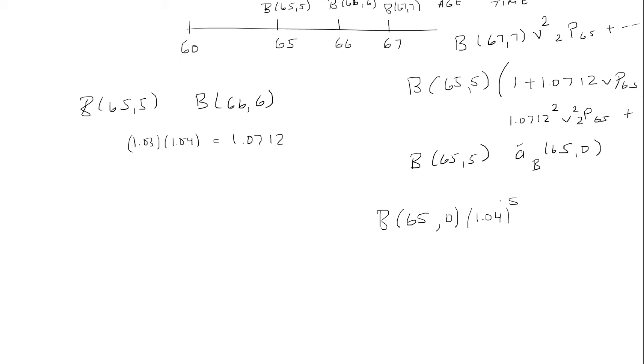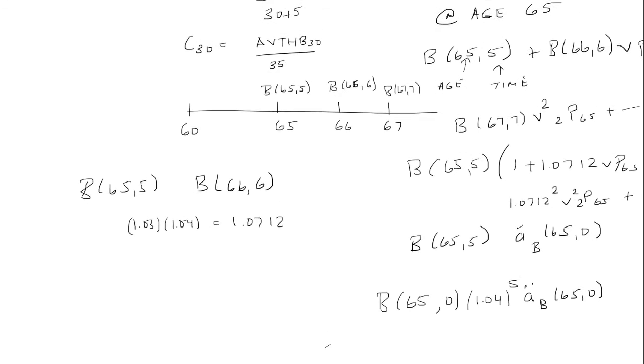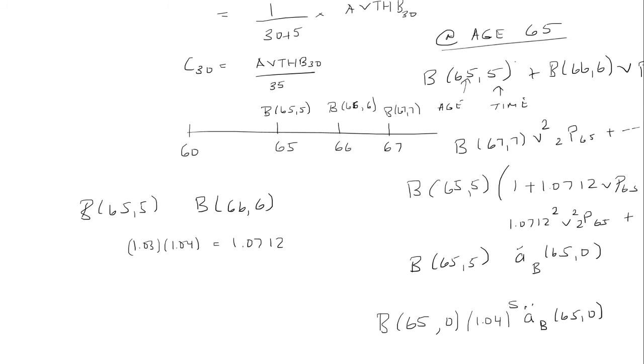Okay, so it's 5 years, so it's going to be 5 years of inflation, multiplying that by the annuity due. But this was all based off age 65. So to go to age 60, we need to discount it back 5 years. So that would be surviving 5 years, starting at age 60.